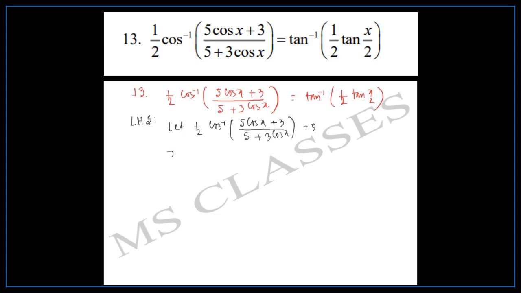Now from this we get 5 cos x plus 3 by 5 plus 3 cos x equal to cos 2 theta.